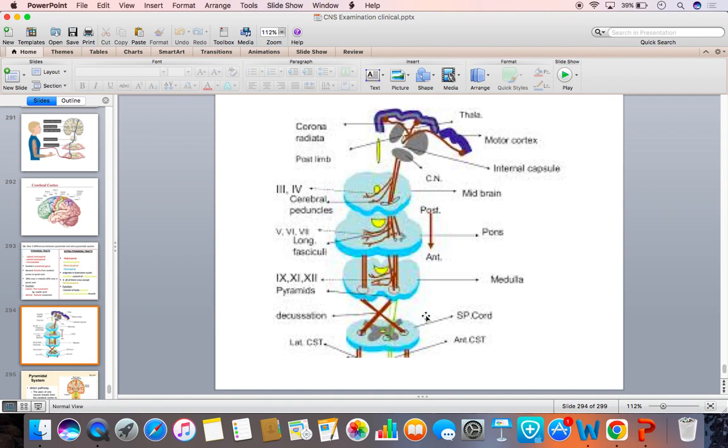This is again the pictorial diagram showing the motor pathways.